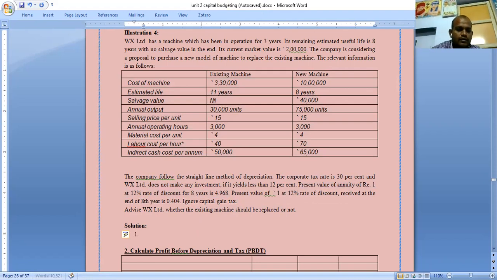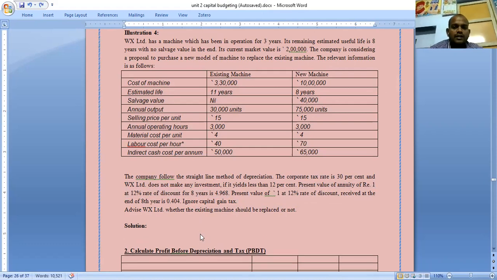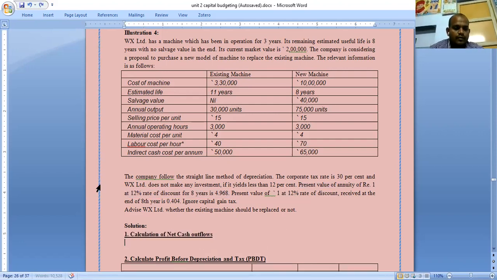So first of all, we have to calculate the initial investment, the initial cash outflow. So calculation of net cash outflows.